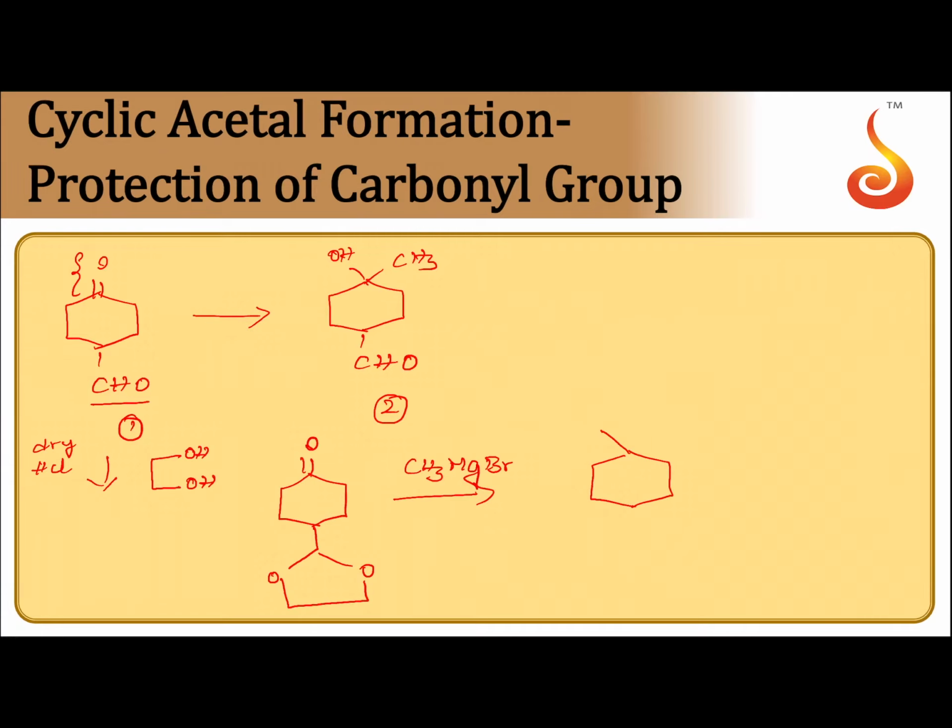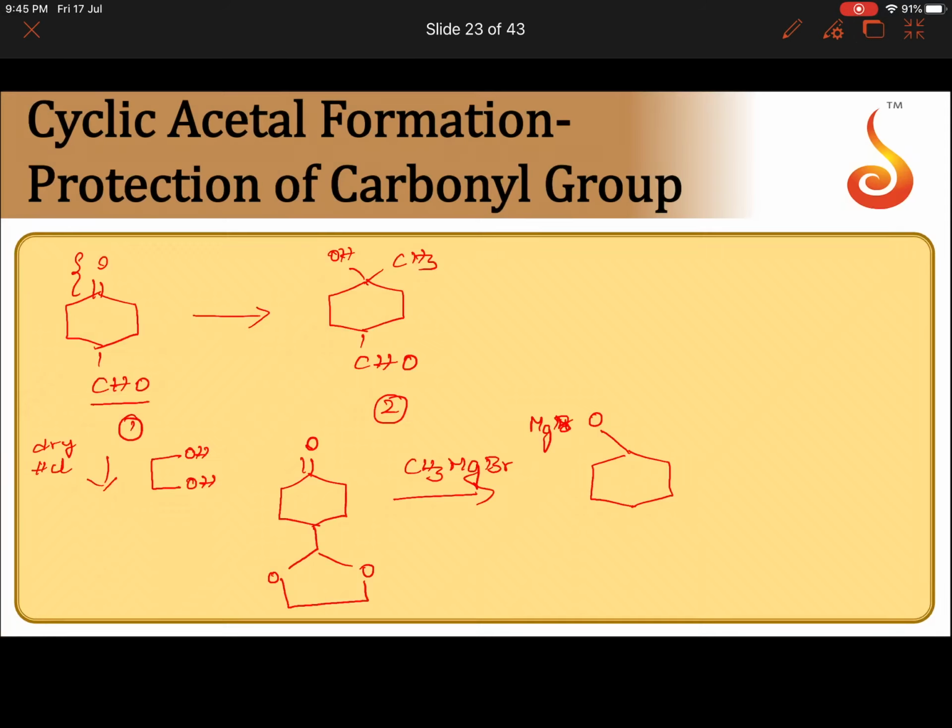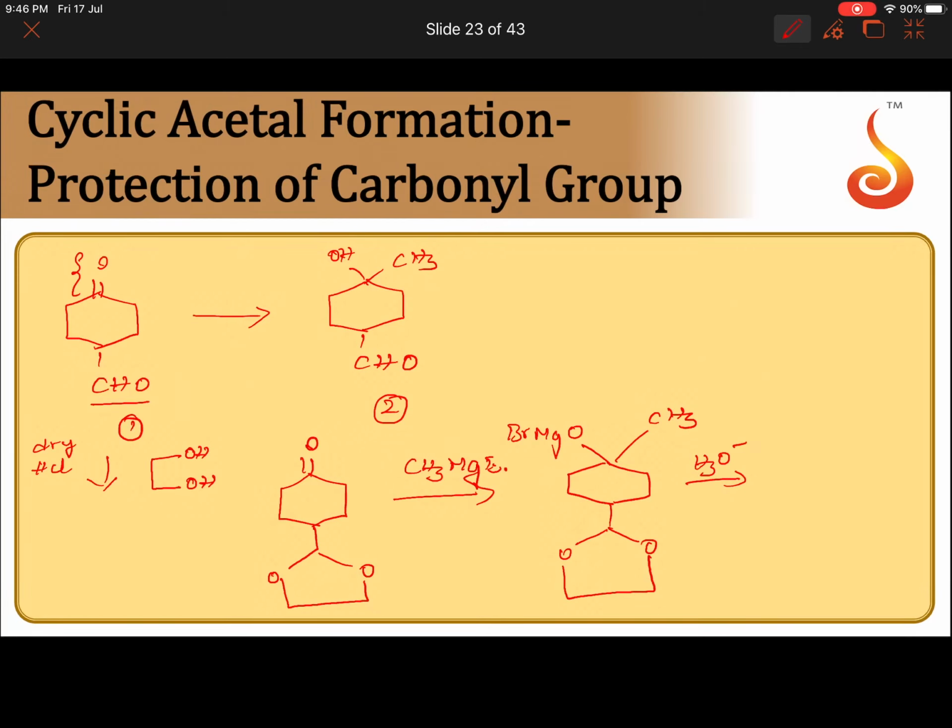First, when it is treated with Grignard's reagent, what happens? The ketone C=O gives the product with OMgBr and CH3 on the same carbon, along with the cyclic acetal. This is followed by hydrolysis.